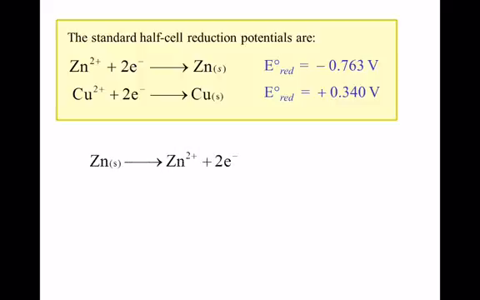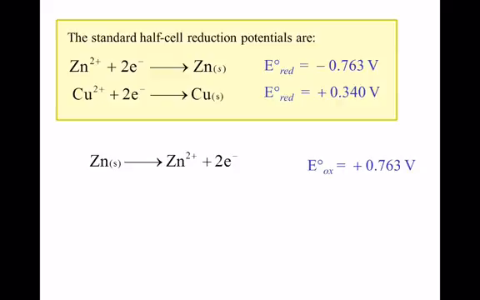So here's zinc oxidation, zinc going from 0 to +2. Notice that the half cell potential has a subscript OX, oxidation. Instead of negative 0.763, it's positive 0.763 volts.